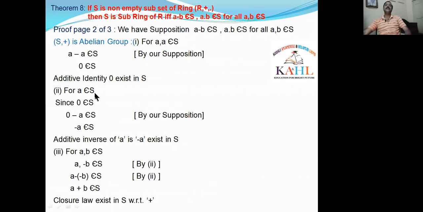We have taken a belongs to S and proven that minus a belongs to S. Similarly, if b belongs to S, minus b belongs to S. a is written as it is in the next step. a belongs to S, minus b belongs to S, so a minus of minus b belongs to S. This is by the supposition, because in the supposition, are you following the cursor, students, a, b belongs to S gives a minus b belongs to S. That's why a, minus b belongs to S gives the same condition, a minus b belongs to S. a as it is, minus into minus plus b belongs to S. For a, b belongs to S, we proved that a plus b belongs to S. That means closure law exists in S with respect to the operation plus.